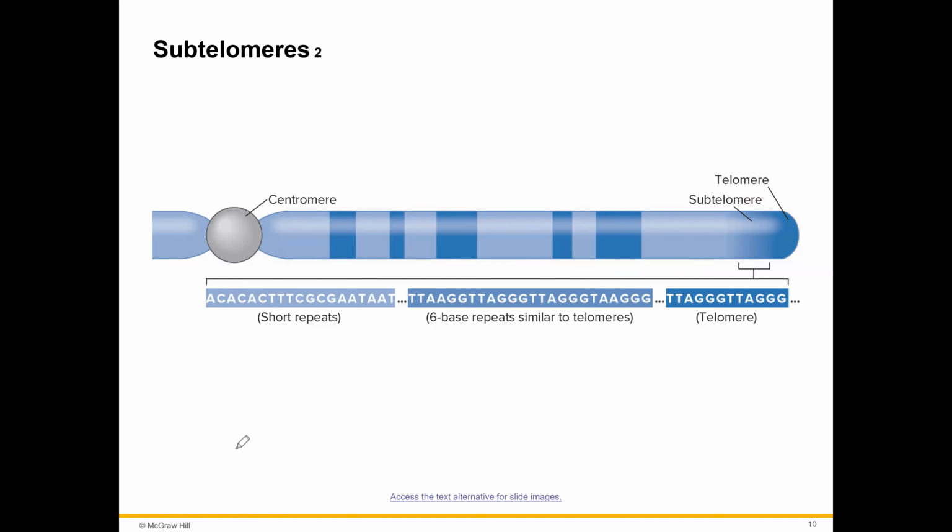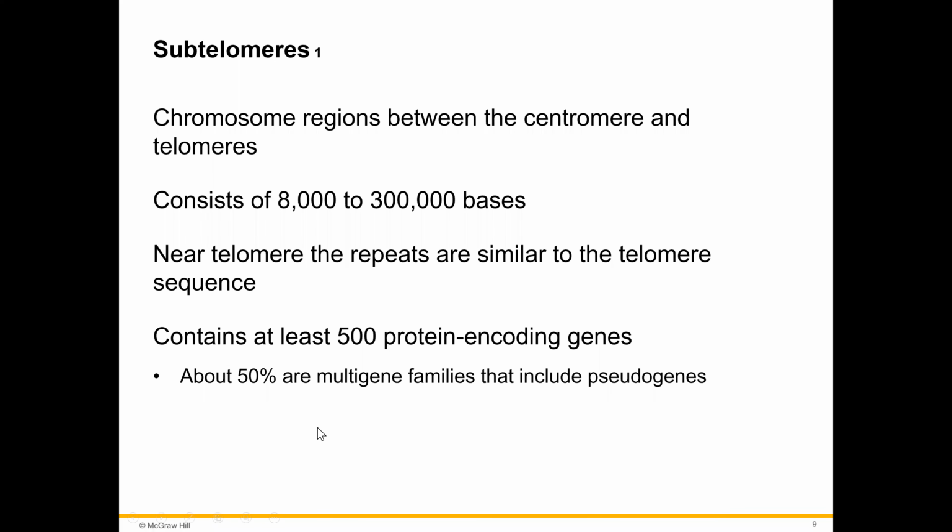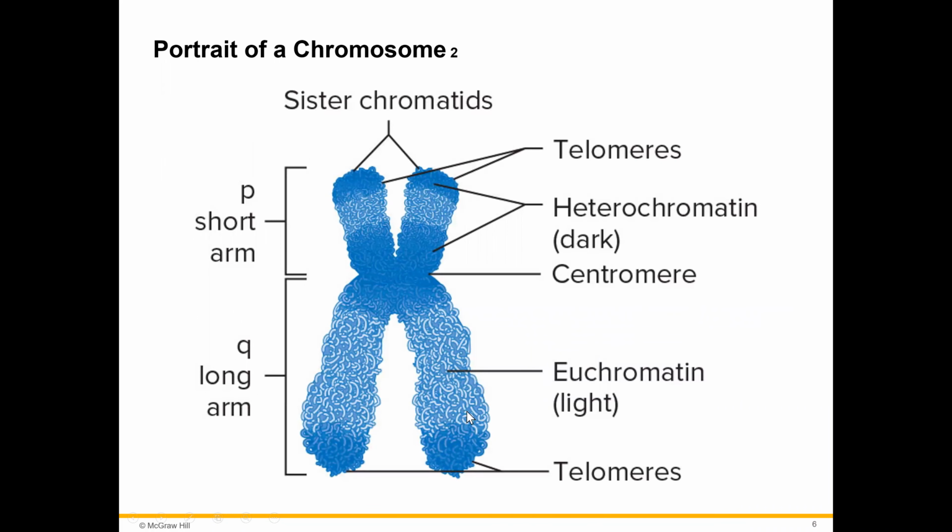But before we get to this part, let's go back to look at the chromosome again. You see how we have this heterochromatin here and heterochromatin over here. This part doesn't code for protein. Where we have the lighter parts of chromatin, this is where we have protein coding genes.